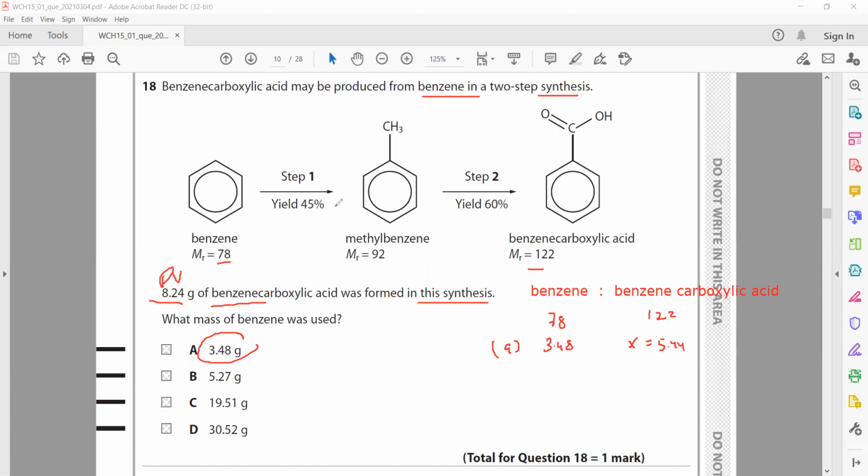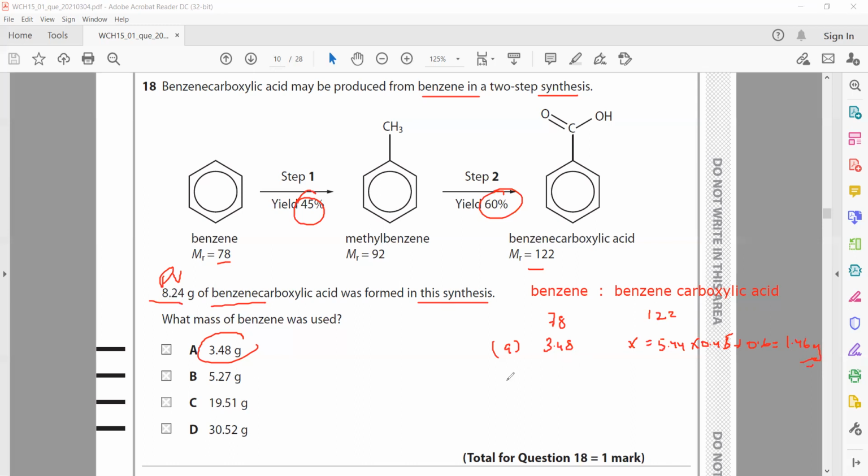But practically, the yield of the first stage is 45%, or in decimal terms 0.45. So this should be multiplied by 0.45 and then by 0.6. So times 0.45 times 0.6. What we'll get is only 1.46 grams of benzene carboxylic acid, but practically we are getting 8.24.